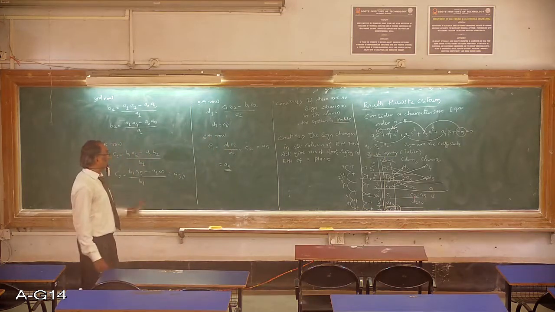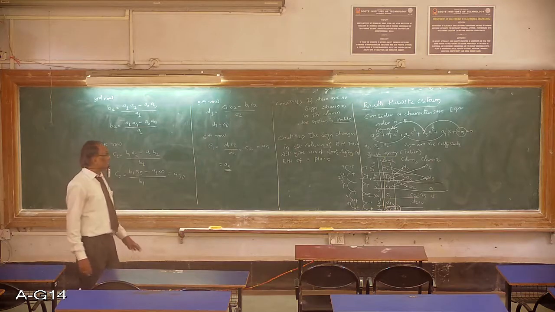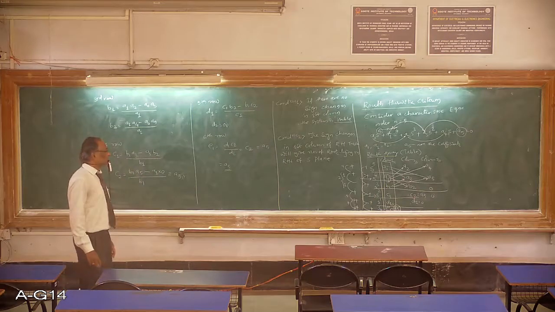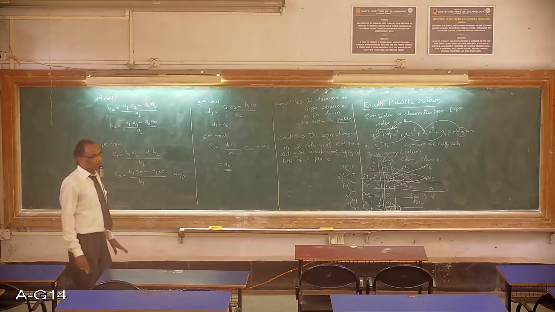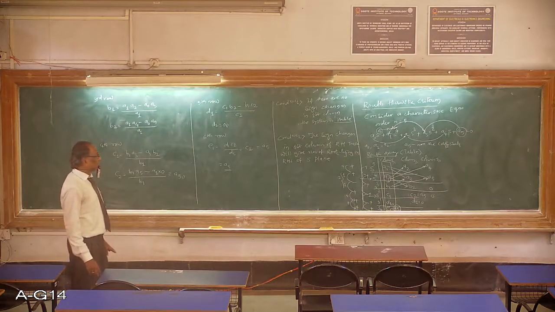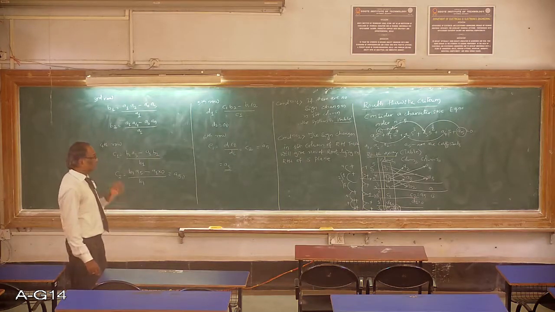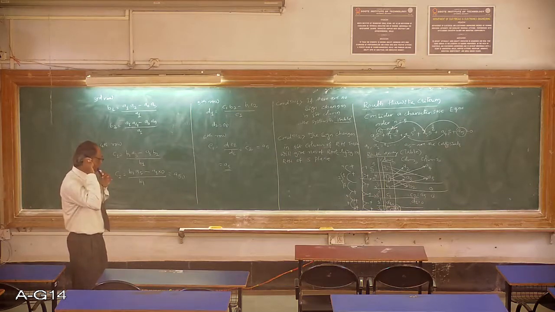From the RH table, we can predict the stability, whether the system is stable or unstable, how many roots are lying on the LHS of the S plane, how many on the RHS, and how many on the imaginary axis. If the roots are lying on the imaginary axis, what is the frequency of oscillation? As it is purely imaginary, that we can find by the auxiliary equation.